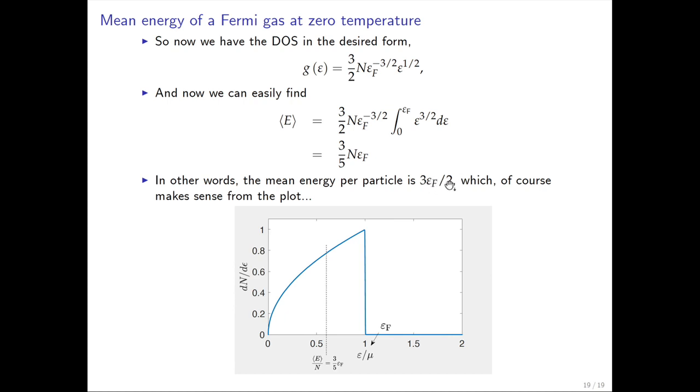Let me correct this in the notes before I upload them, which of course makes sense from this plot, right? Here, yeah, I have it correct here, 3/5 epsilon Fermi, which lies right there. And of course, if I found the mean of this over this distribution, that's what I get. Since it's larger here than here, it would have to be larger than half. So that answer does make sense.